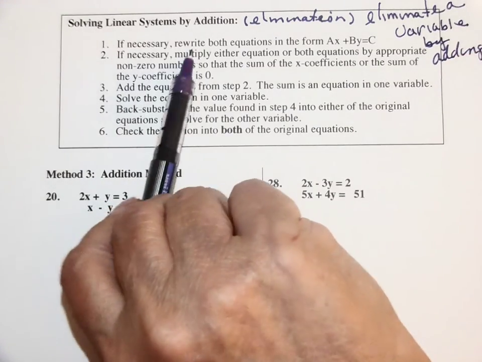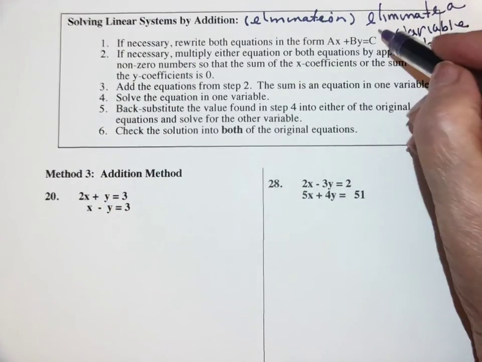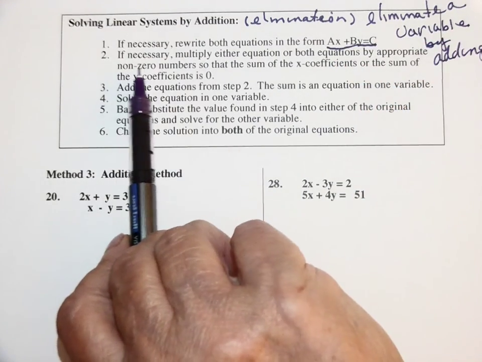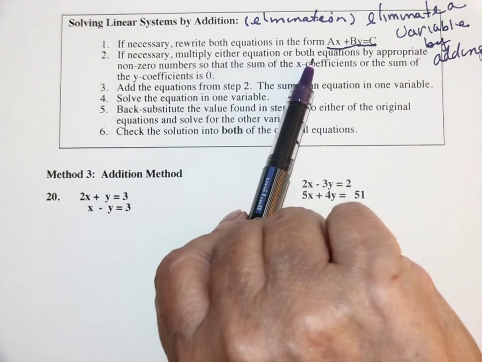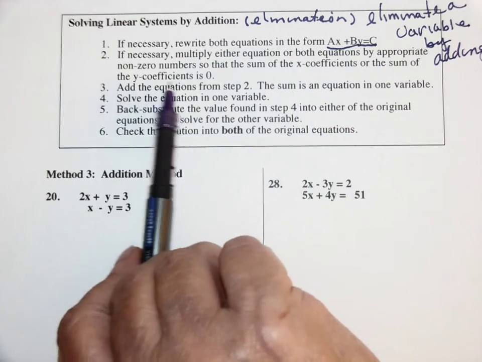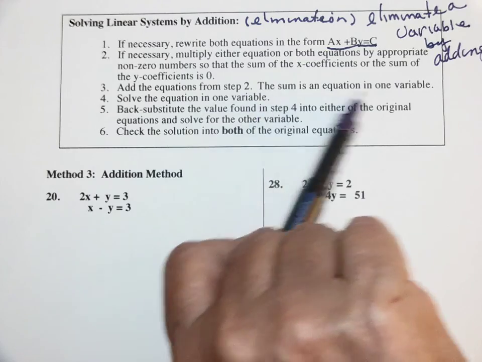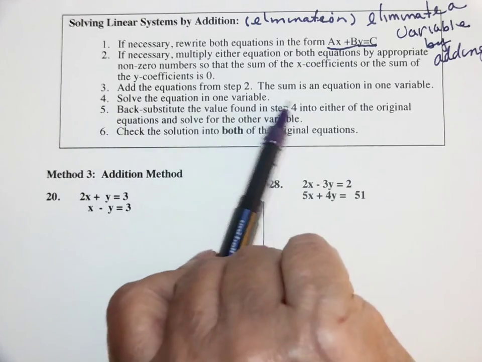And what it says, if necessary, rewrite both equations in the general form ax plus by equals c. If necessary, multiply either equation or both equations by appropriate non-zero numbers. Add the equations together, solve the equation of one variable, then back substitute, and then check your answer.